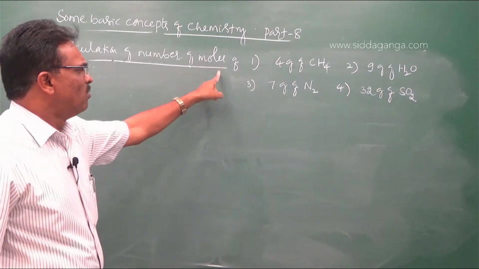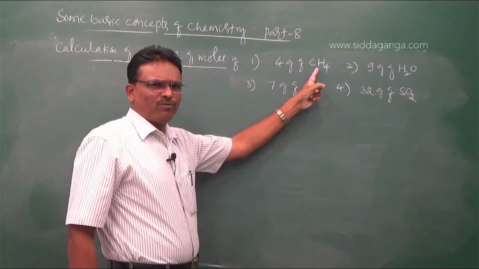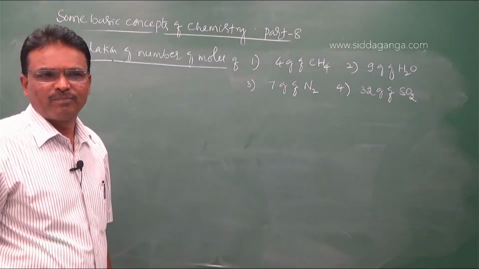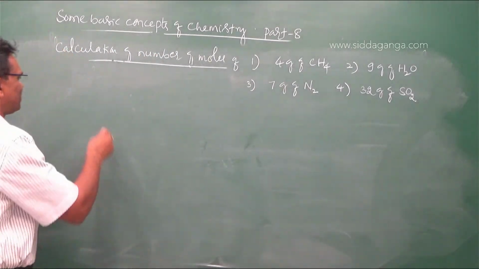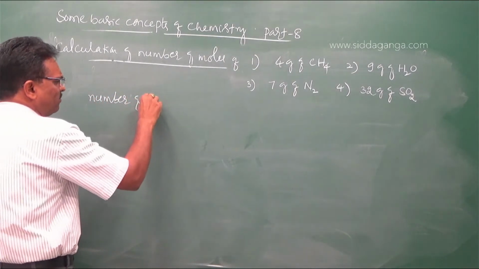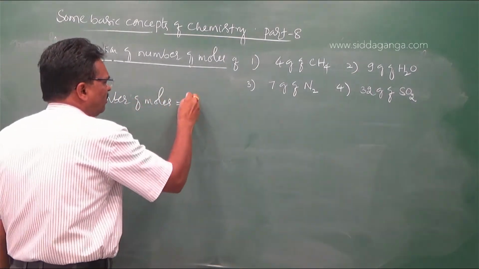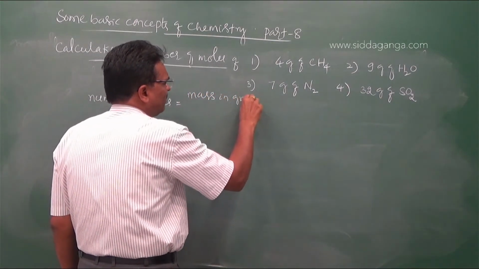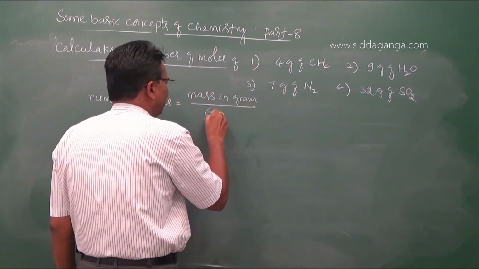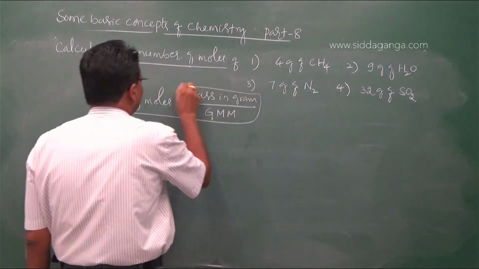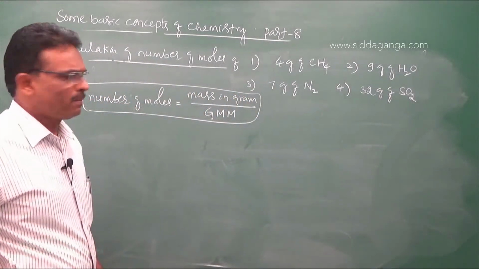Calculate the number of moles of 4 gram of methane. So we know that number of moles is equal to mass in gram divided by gram molecular mass. This is the formula. Clear?